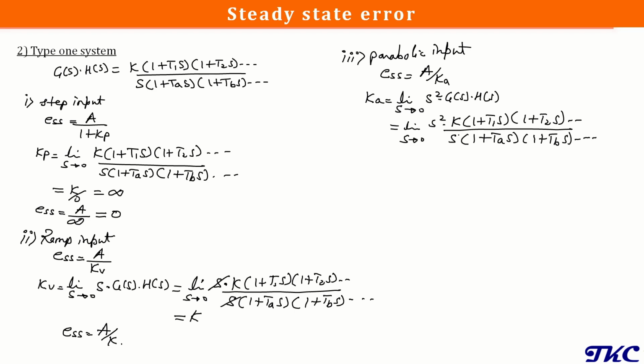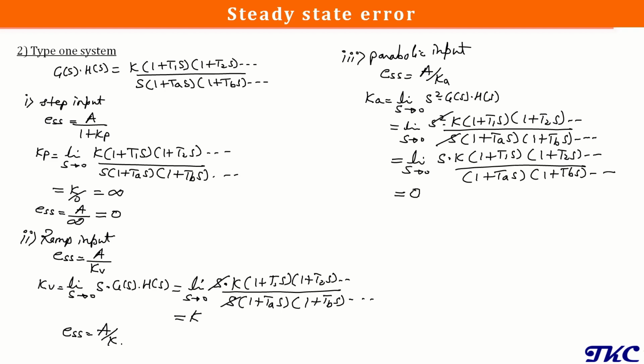Again here we can see that one s from the denominator and one s from the numerator we can cancel. So we will be having limit s tends to 0 of s into K(1 + T1s)(1 + T2s) and so on, divided by the same denominator. Now if we substitute the limit, because of this s, this entire value will go to 0.